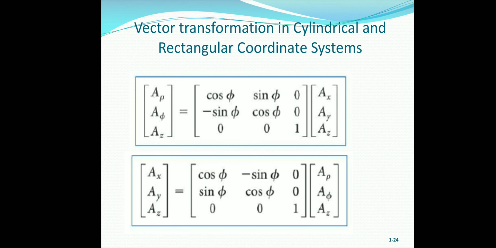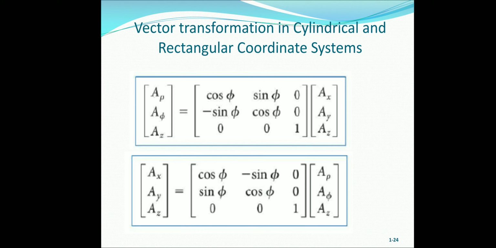There is no phase angle parameter for the third entry, so there is no need for any addition to 0. So you will get the phi component as cos of phi plus pi by 2, which is minus sin phi, sin of phi plus pi by 2, which is cos phi, and 0 is 0 itself. Then there is no az relation in the x and y directions, so az is the same as z only, and that becomes 1.